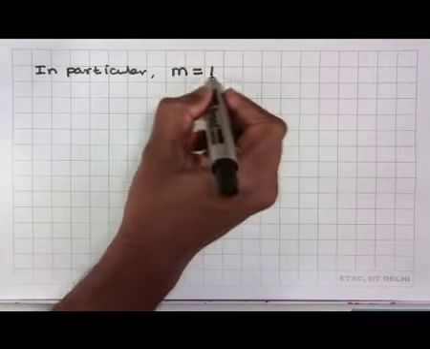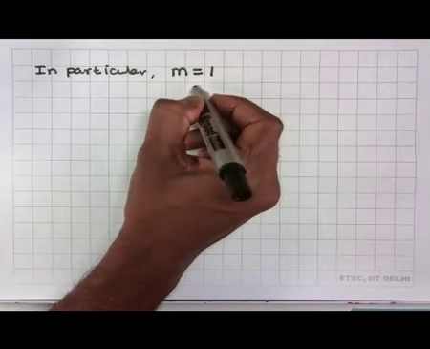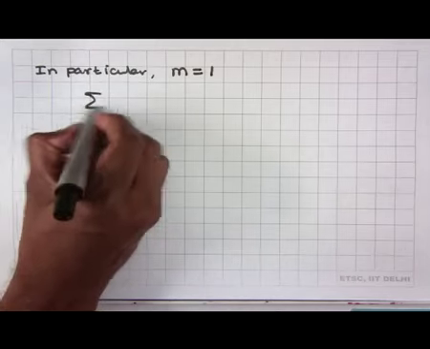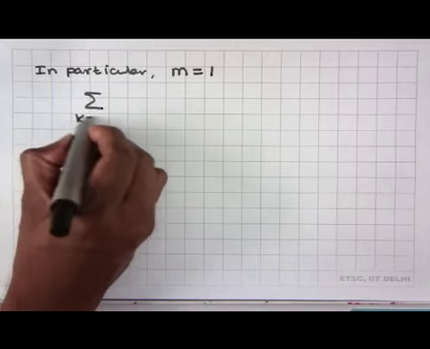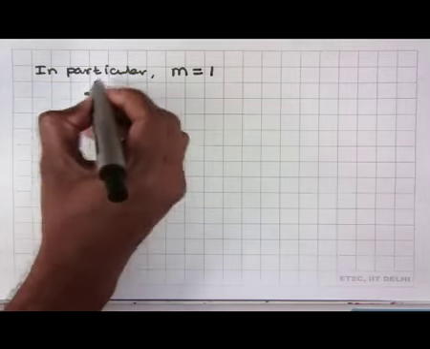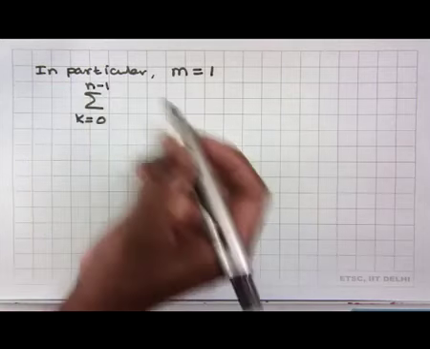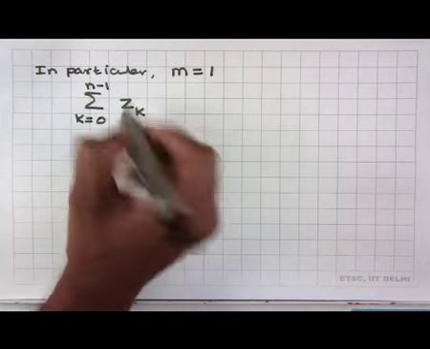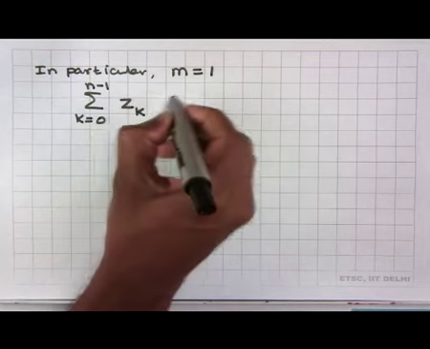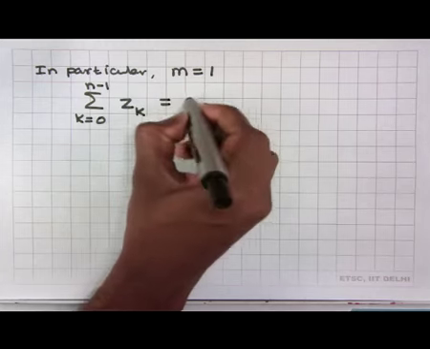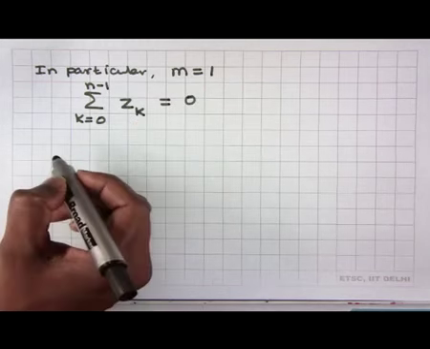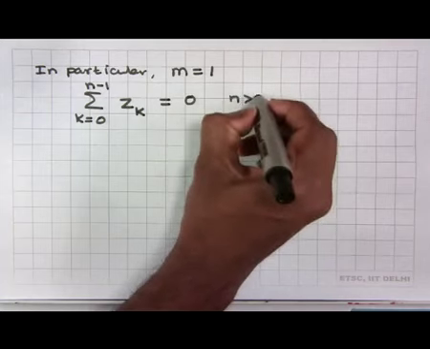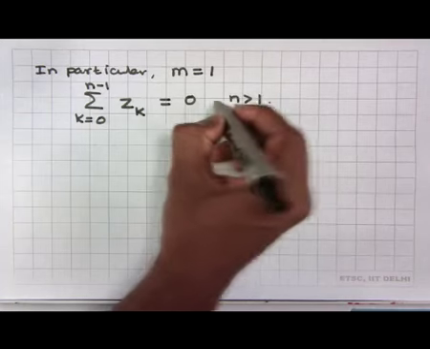Certainly, if n is greater than 1, it does not divide m. So, the sum from k from 0 to n minus 1 of z_k, where m is considered as 1, we get the sum value as 0, for n greater than 1.